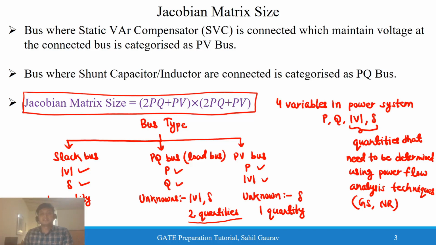So what are the things we found using the Newton-Raphson method? The voltage magnitude and phase angle. So that's why I have written it like this. Okay, sir.